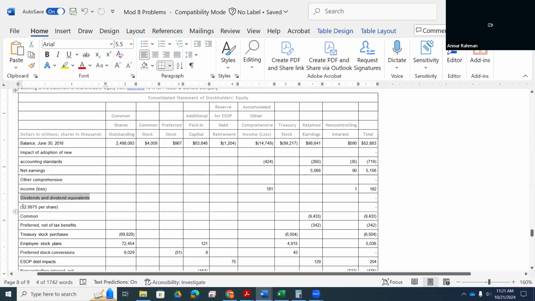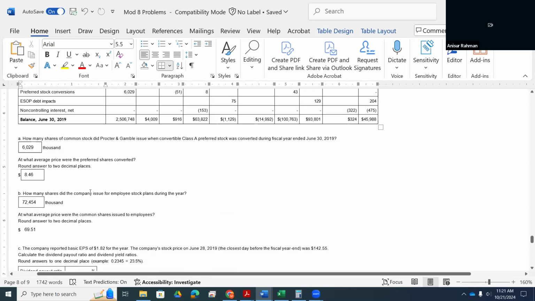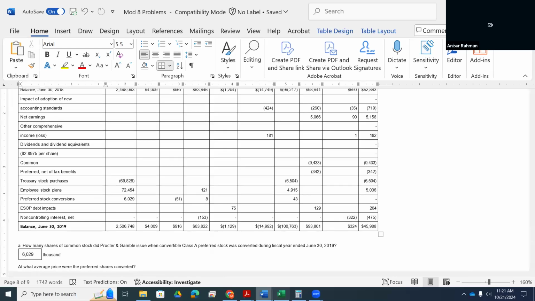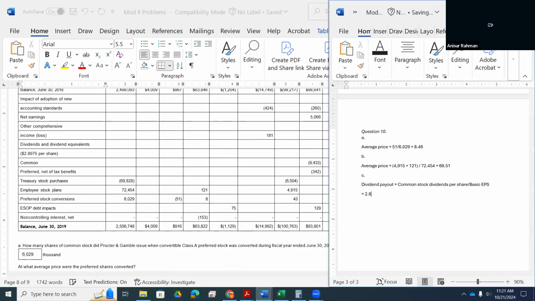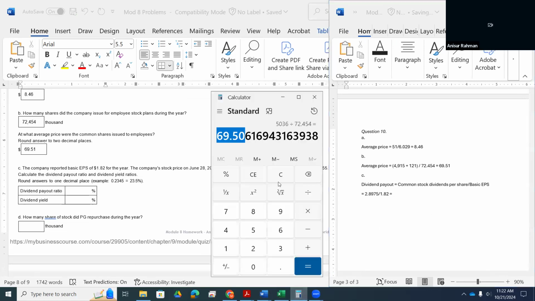So dividends, 2.8975, divided by our basic EPS, $1.82, which will be $1.59, and it is talking about percent, so it will be 159.2%.